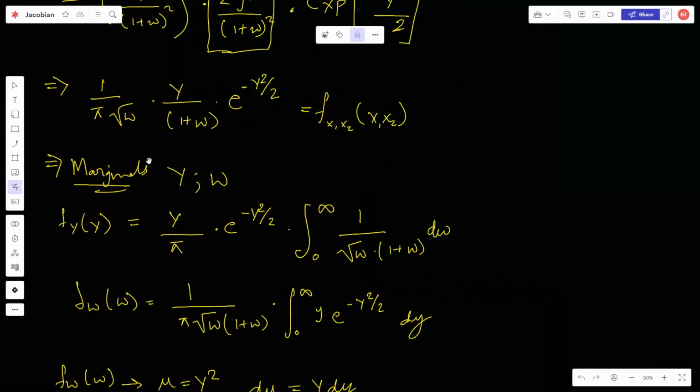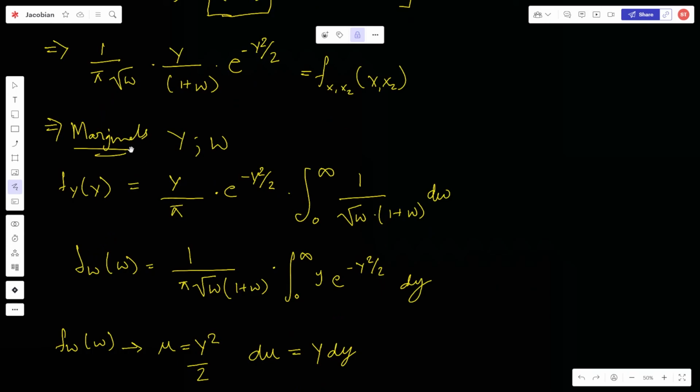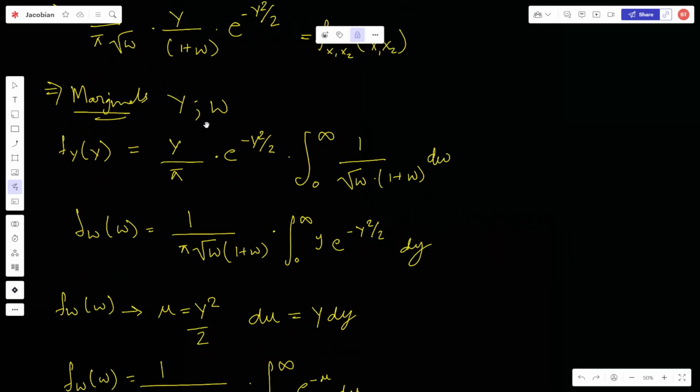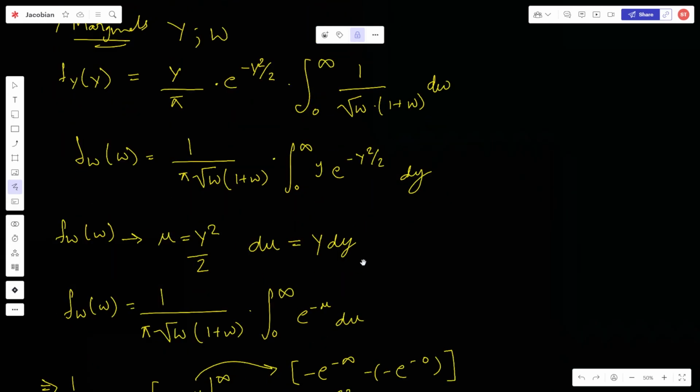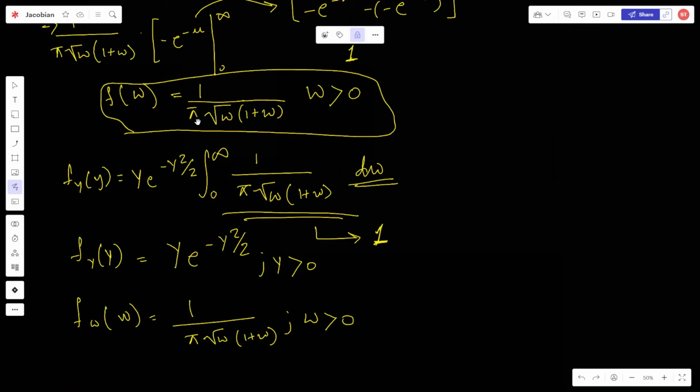Once we find the PDF, you can find the marginals for y and w from that PDF. When you're finding the marginal of y, we're going to be integrating in terms of w, and when you're finding the marginal for w, you'll be integrating in terms of y. Once you find the marginal of w, you can substitute that into the equation for f y of y, and that just simplifies to y e to the negative y squared over 2. So these two solutions are interlinked to each other.